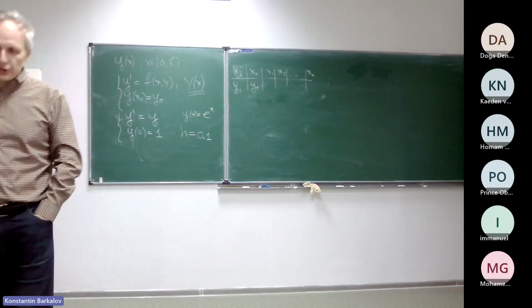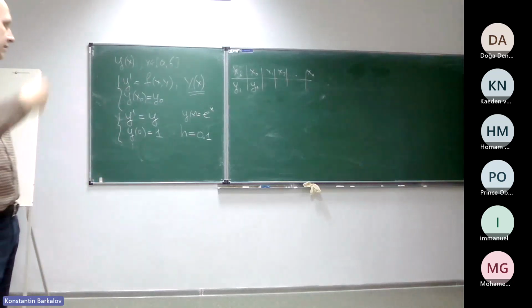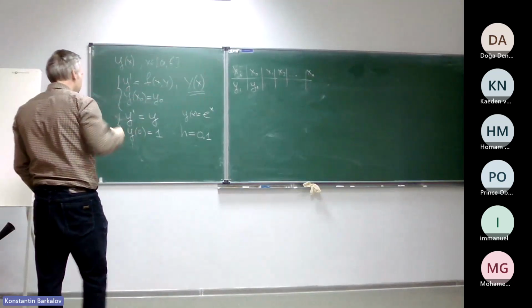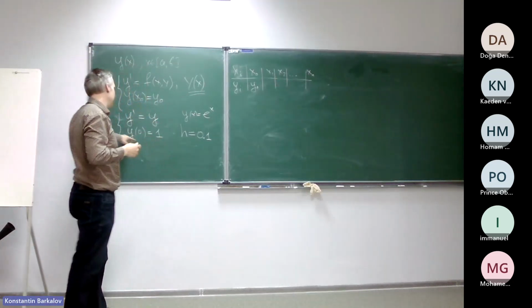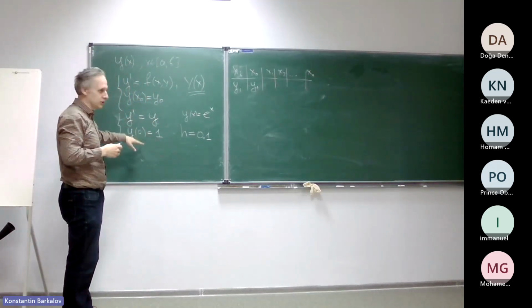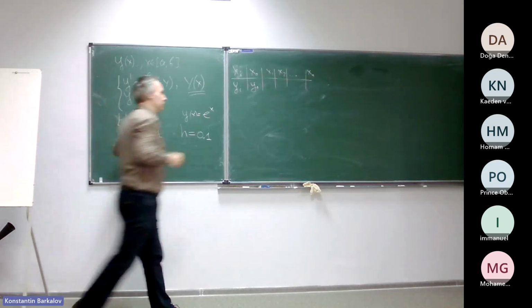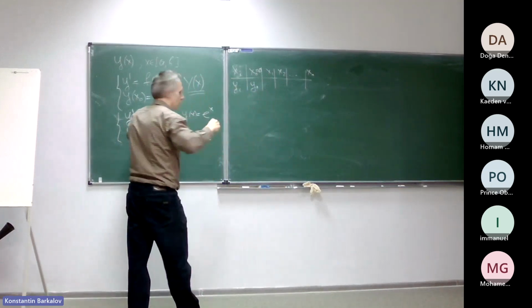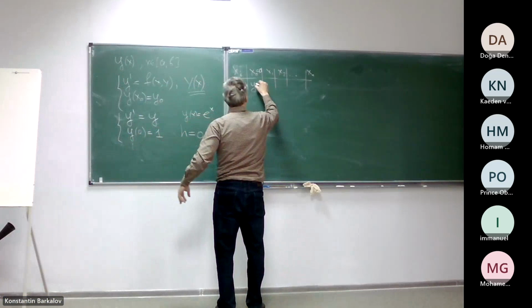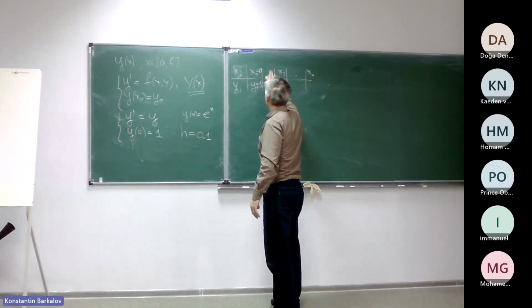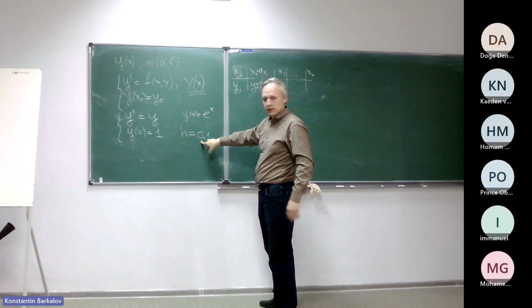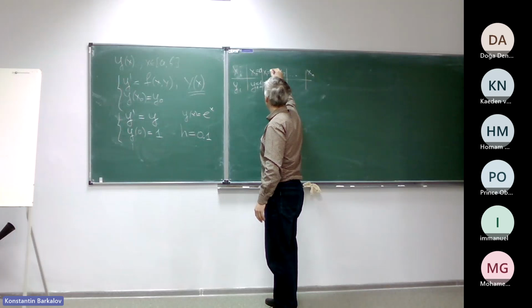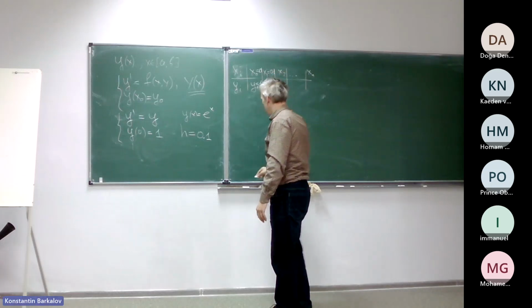I ask you to find the first few points to fill this table with these initial values. What is x0? x0 is 0. What is y0? y0 is 1. What is x1? As far as h is 0.1, x1 will be 0.1.